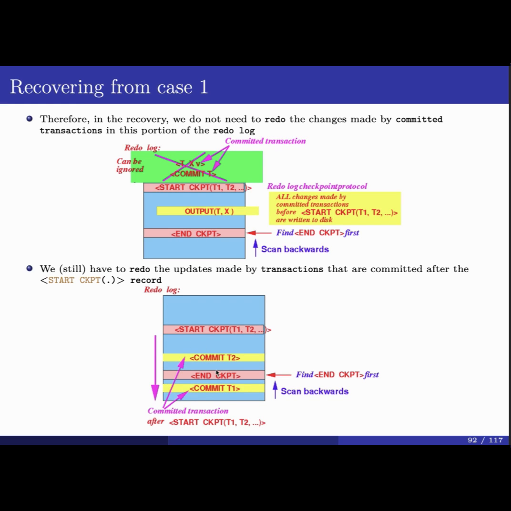So back here, if we have, for example, T2 and T1, both of them committed. When you need to perform that, I need to find out the earliest start from T1 and T2. So you have to go back before the start checkpoint in order to identify the earliest start point. Then after that, you have to redo from this point up to the end.